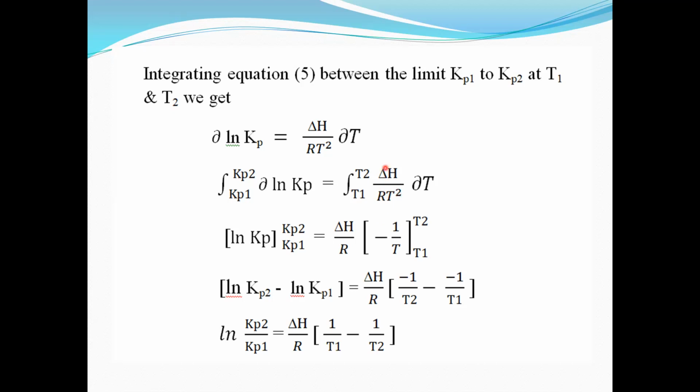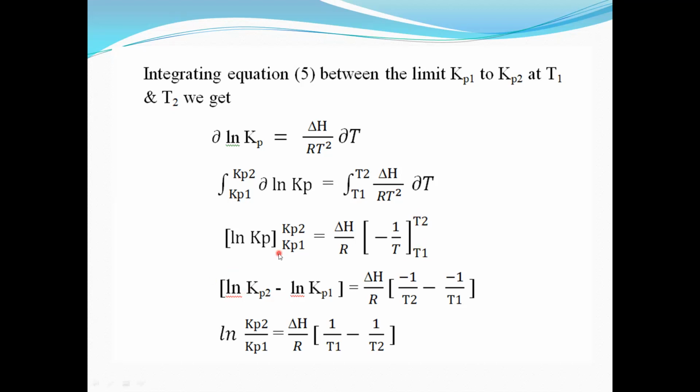So delta H upon R, first I have taken outside the integration. What remains inside is the integration from T1 to T2 of 1 upon T square into dT, and the integration of 1 upon T square is minus 1 upon T. So delta H upon R in brackets, minus 1 upon T, with limits T1 to T2.